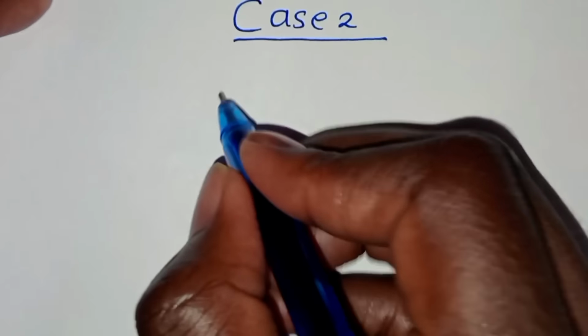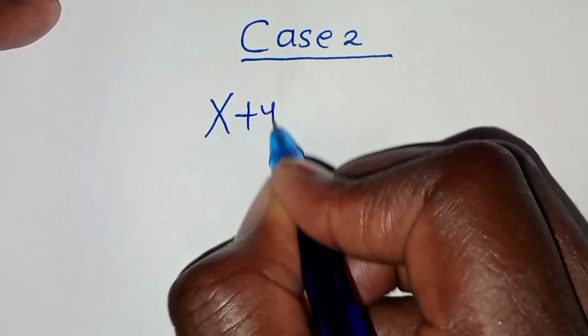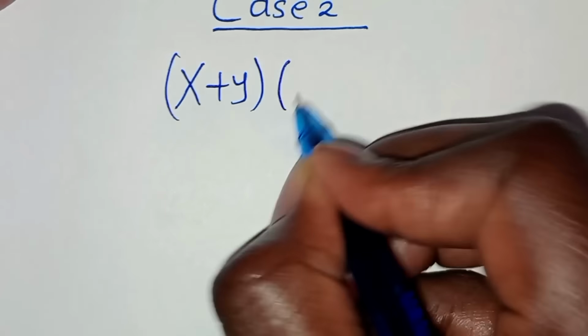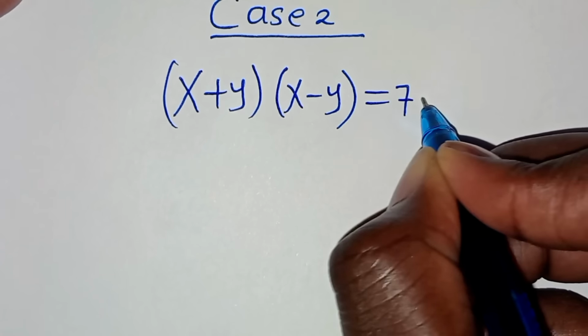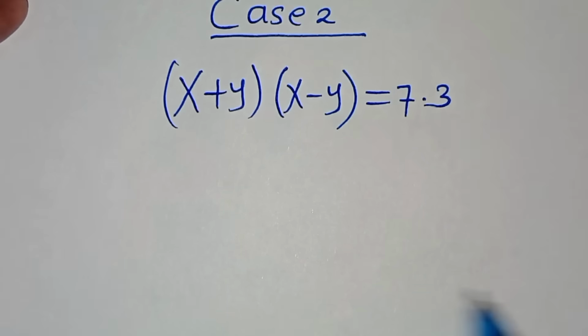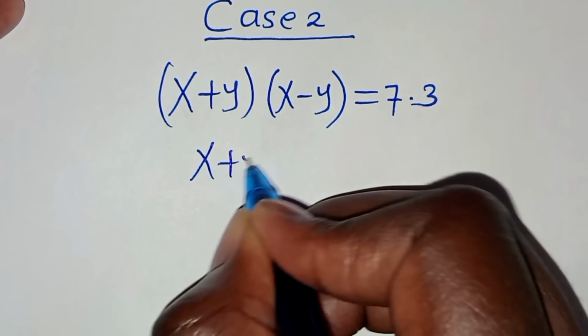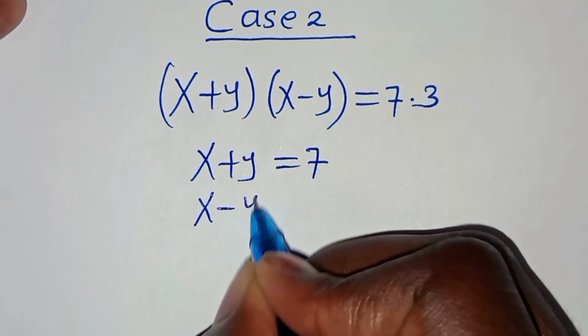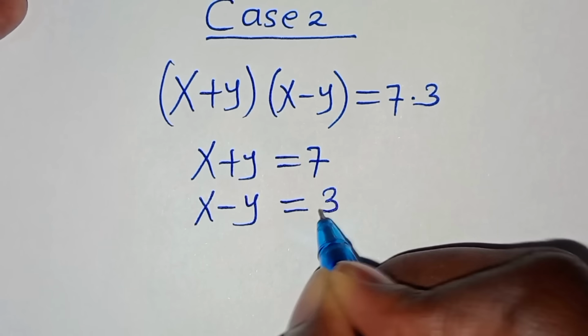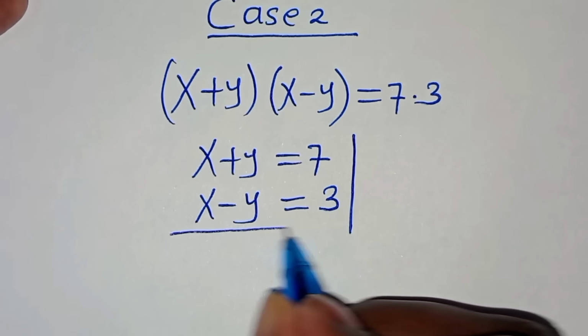In case 2, we have x plus y multiplied by x minus y equal to 7 multiplied by 3. So this implies that x plus y is equal to 7, and x minus y is equal to 3. Now, these are systems of two linear equations.